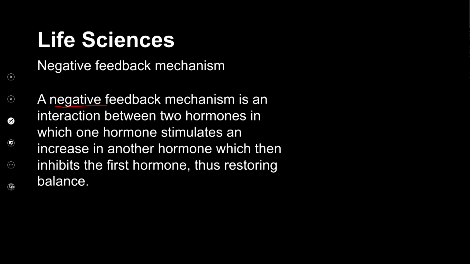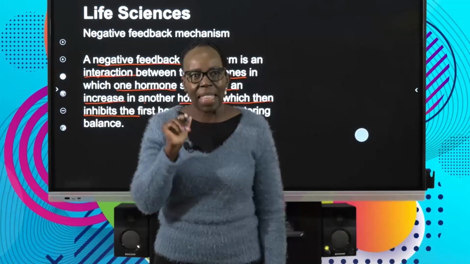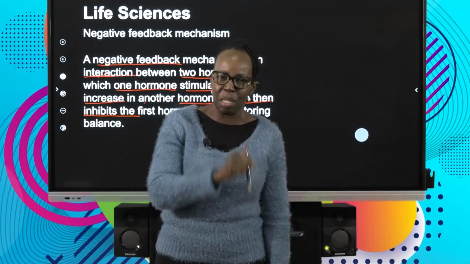The negative feedback mechanism is an interaction between two hormones in which one hormone stimulates an increase and another hormone then inhibits. So, we're talking about a hormone that will be increased and a hormone that will be inhibited.